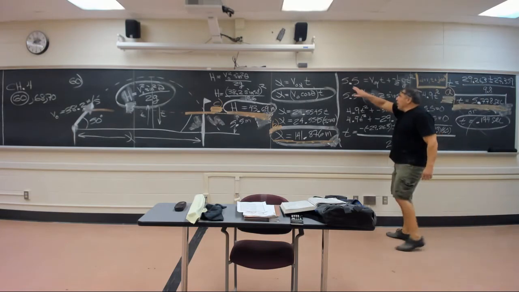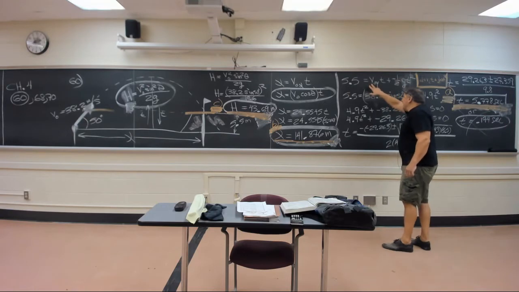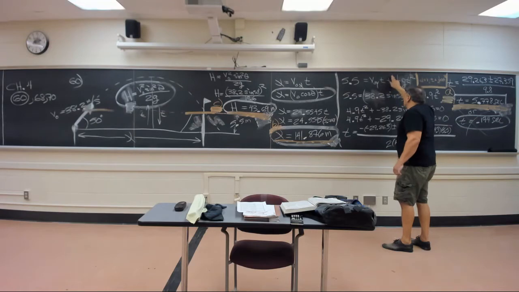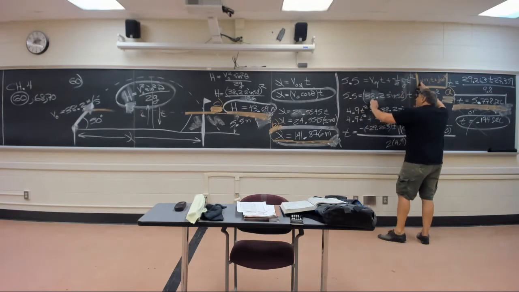You want to know the height, 5.5 meters, with v0y initially going upward. There's a time, plus negative 1/2 g t squared. 5.5 is the height you want to get, that's d. 38.2 is the initial speed given to the ball.